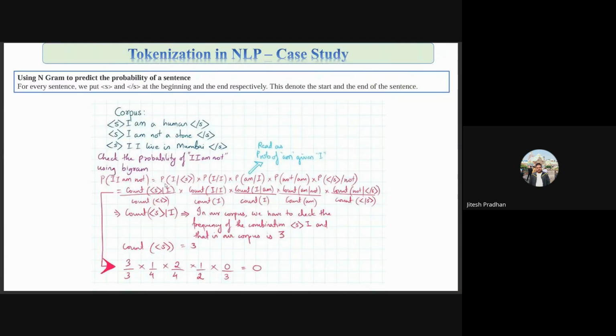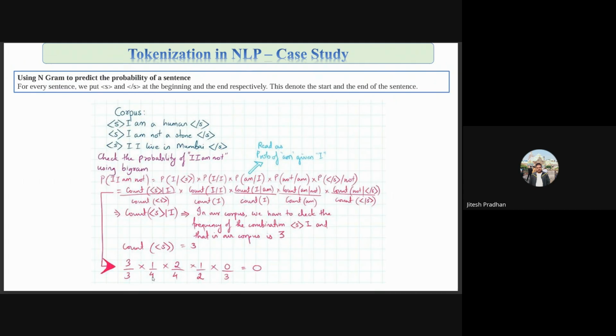Now let's find it; it's a conditional probability, you must know. So count of <S> and I divided by the total count of <S>. Look here, the count of <S> I is 3, divided by the total count of <S>, which is 3. Next, the count of I after I: look here, it has occurred just once, so it is 1, divided by the total count of I, which is 4.